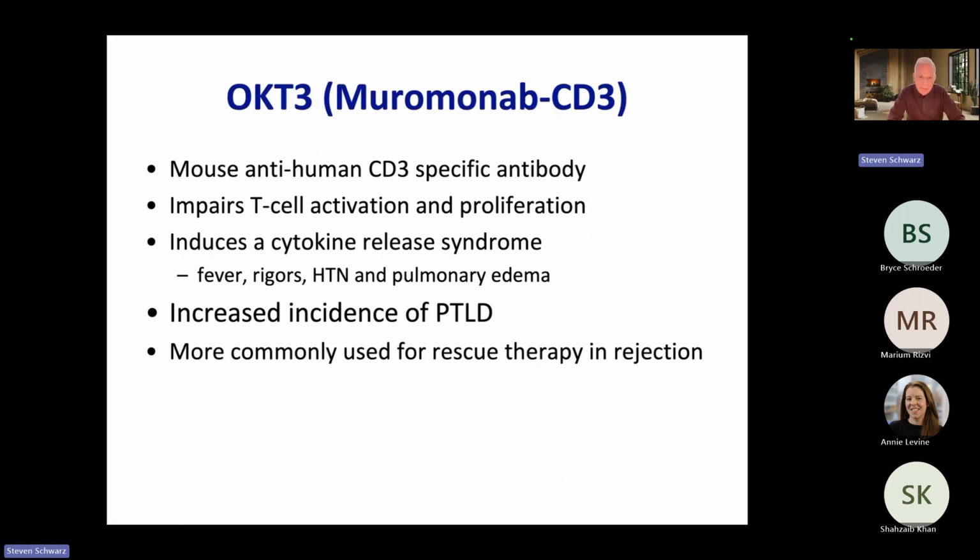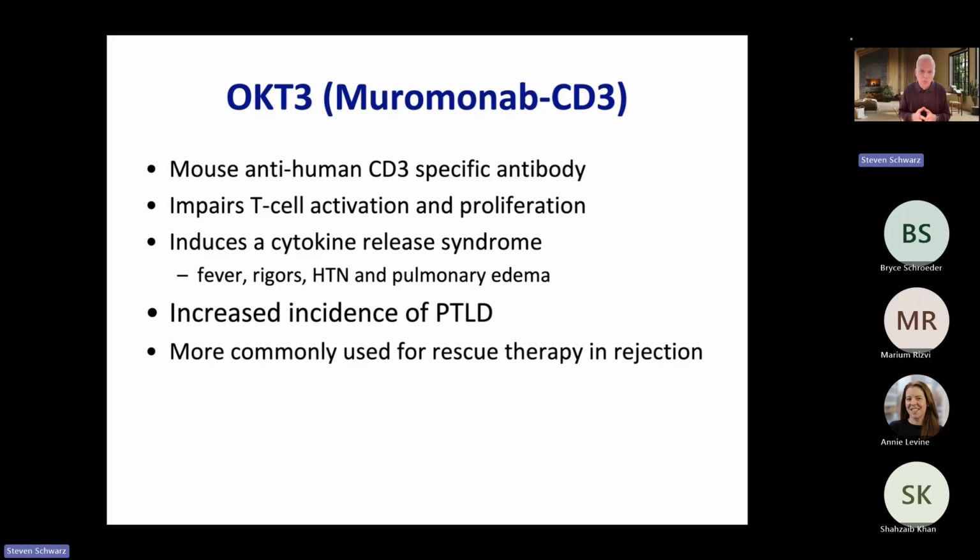OKT3 or muromonab is a mouse anti-human CD3 specific antibody, which impairs T cell activation and proliferation. It can induce a cytokine release syndrome because of T cell destruction, releasing a wide variety of cytokines into the bloodstream.